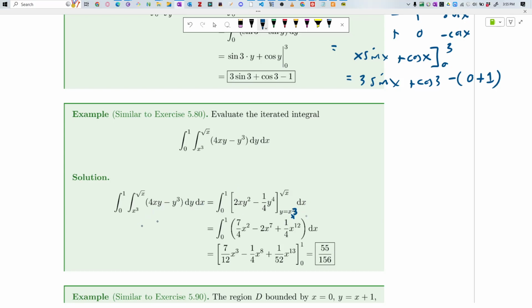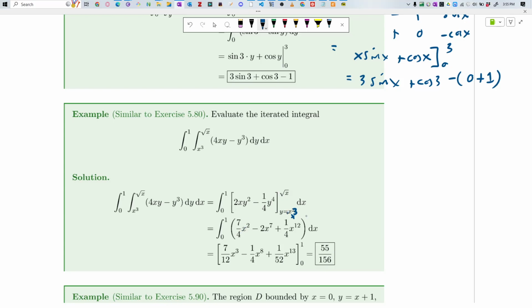Okay. 6th, 7th. Yes, yes. So when you plug this in, you get a 2x squared, and then you get a minus 1/4 x squared, which gives you a 7/4 x squared.